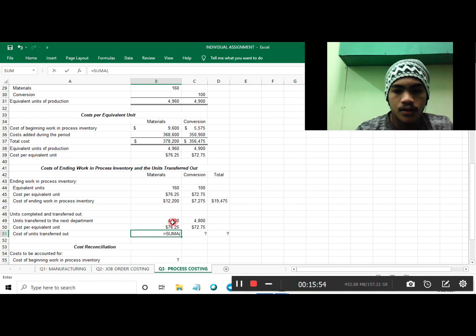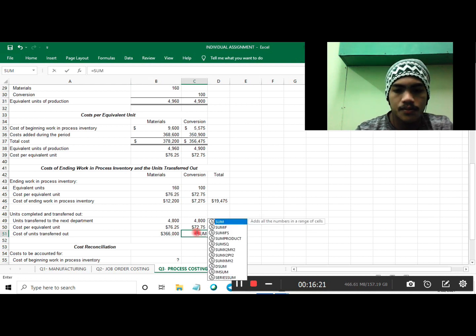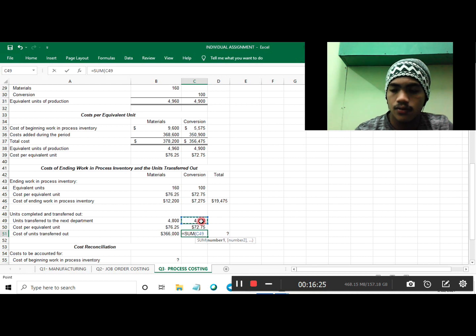Sum: units transferred 4,800 multiplied by the cost per equivalent unit for material, and then we get 366,000. And then for conversion, 4,800 multiplied by 72 ringgit, so we get 349,200.